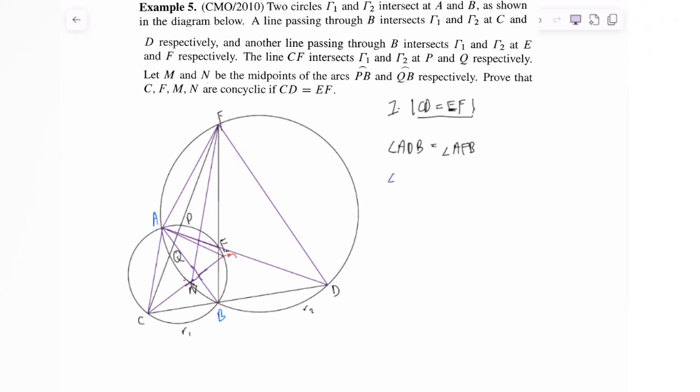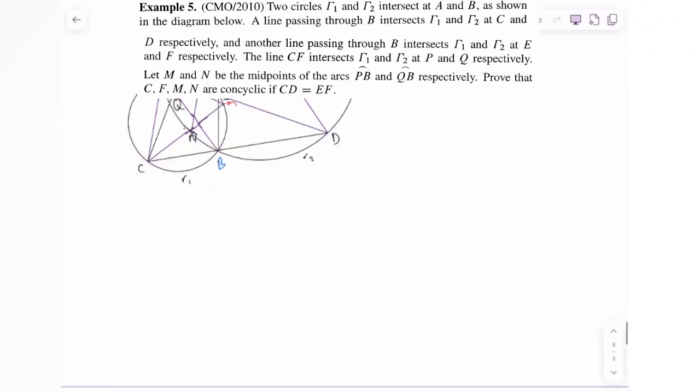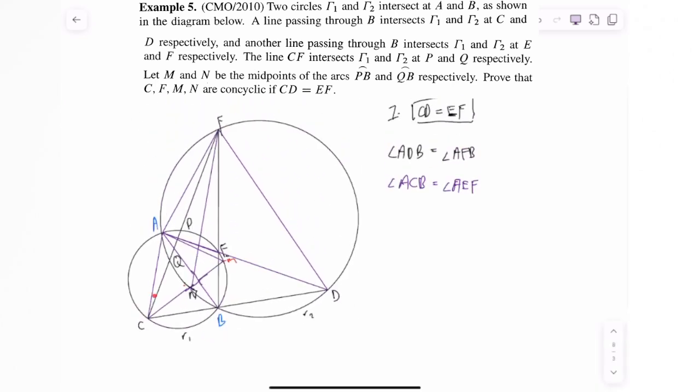And angle ACB equals angle AEF. So this one, ACB, is equal to AEF. Why? It's quite easy to see. ACB, right?